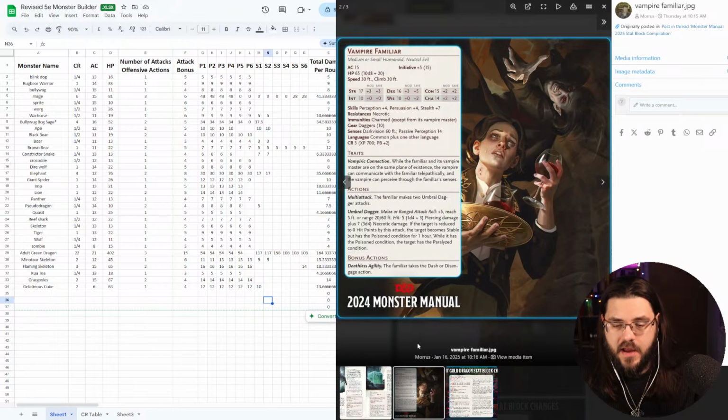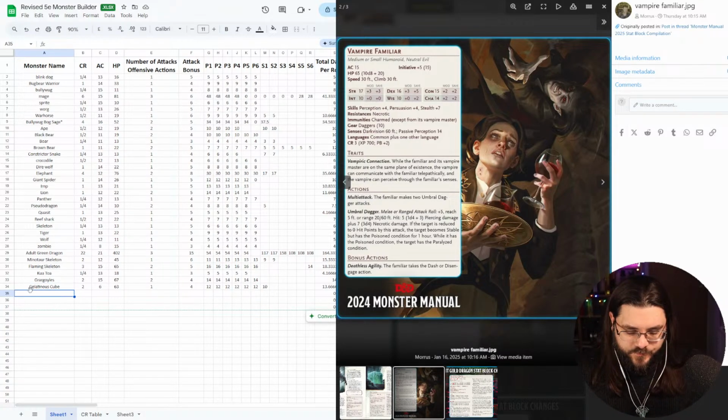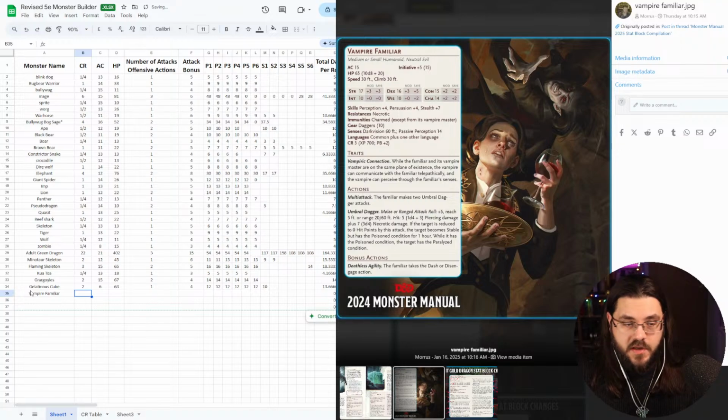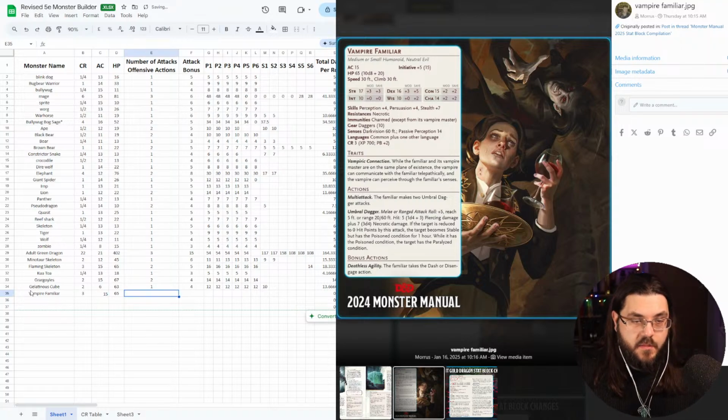And then look at Vampire Familiars, which is CR3 for AC 15, 65 hit points. Number of attacks is 2 Umbral Daggers, which are +5s to hit.